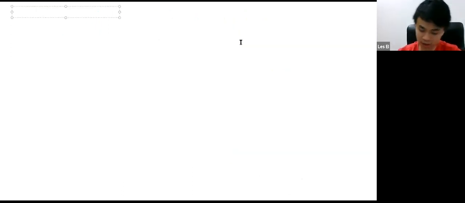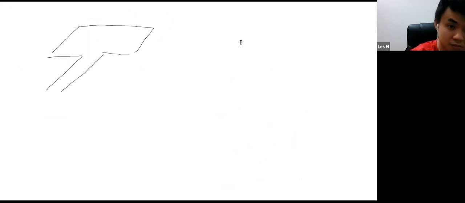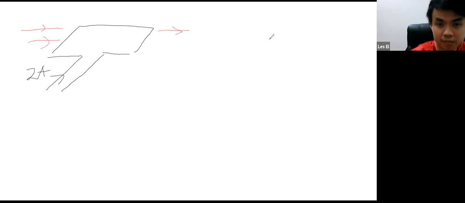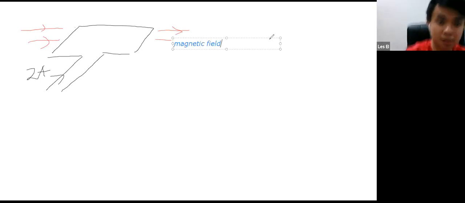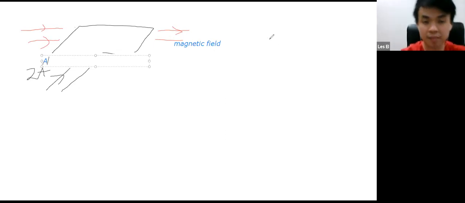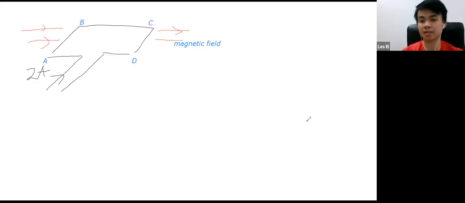Okay, the next one is just a word problem actually. The red one is the magnetic field. So I just want to ask you, in your opinion, if I have this kind of setup, in which part of the coil will you find a magnetic force?